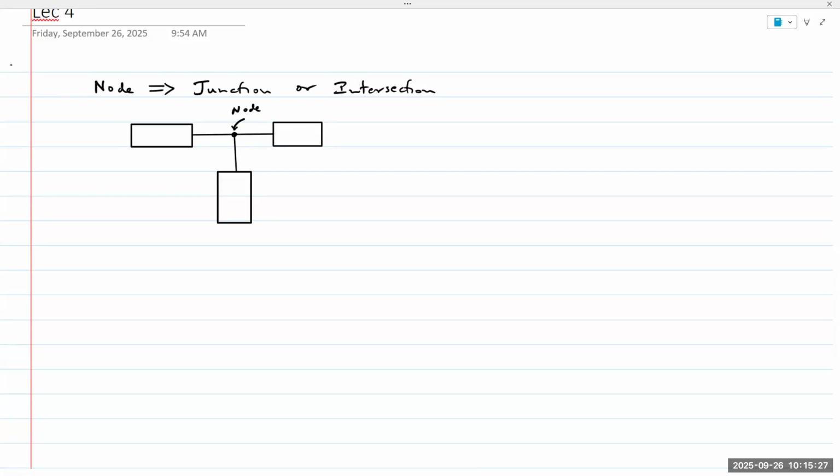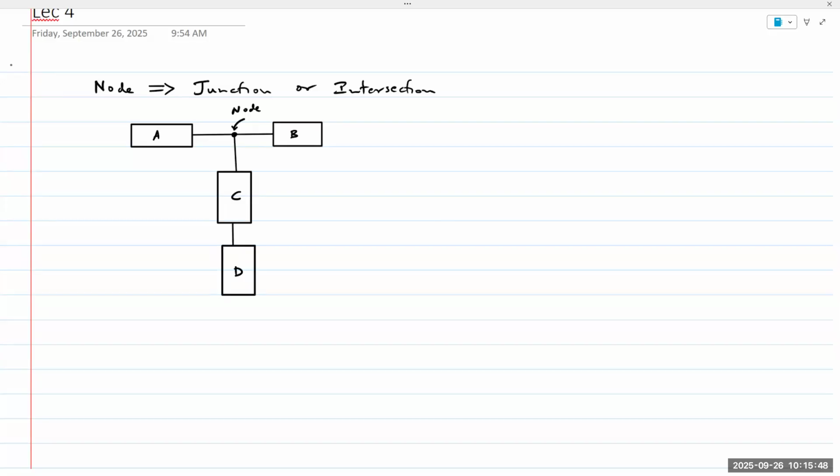However, if there are only two elements, let's say something like this, A, B, C, and D. We talked about this a little bit last class, right?